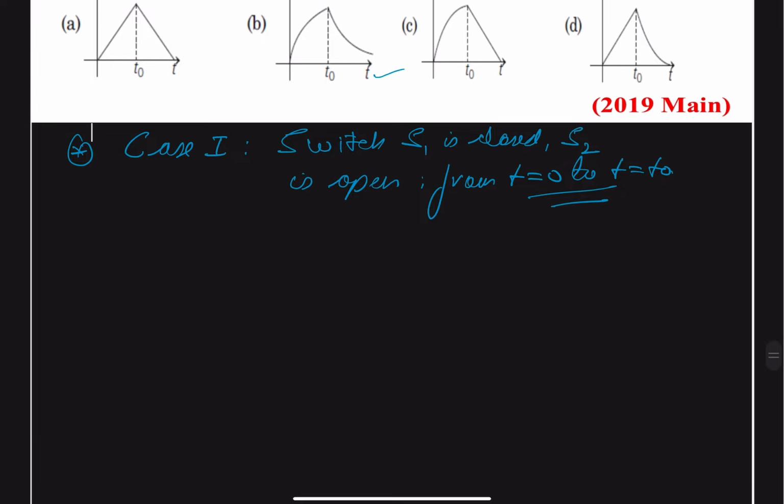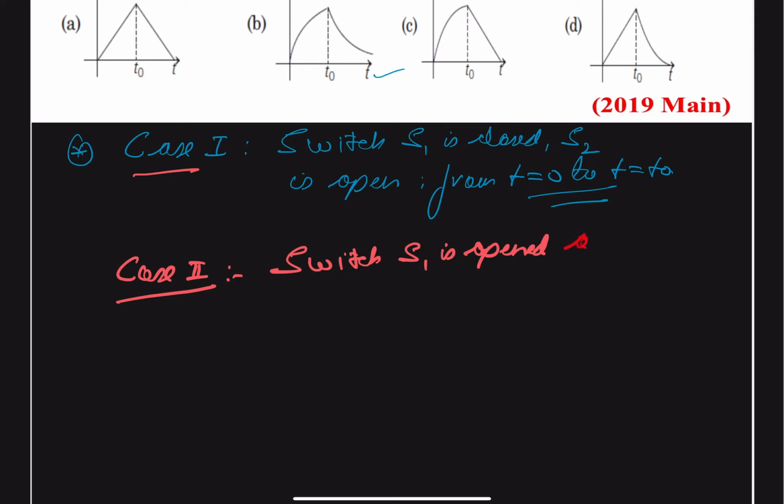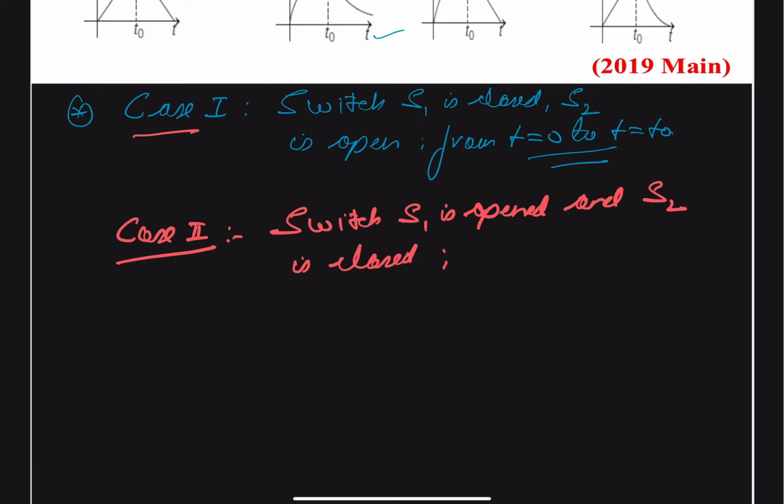The second case, switch S1 is opened and S2 is closed, and this is for t greater than t0.